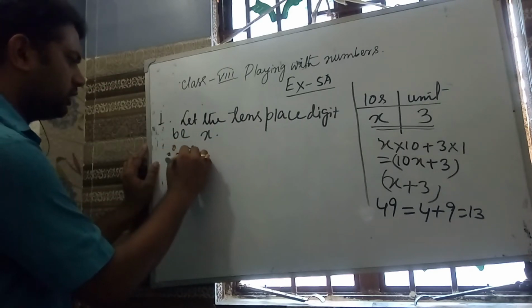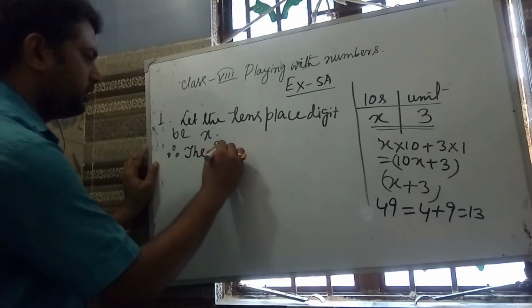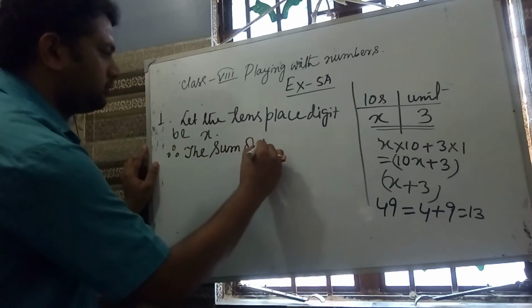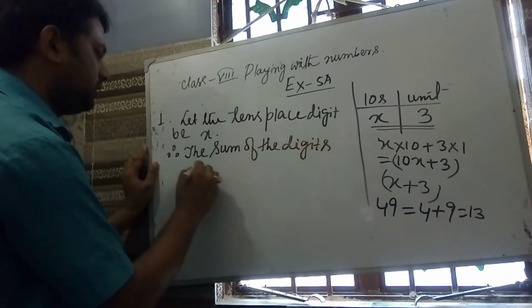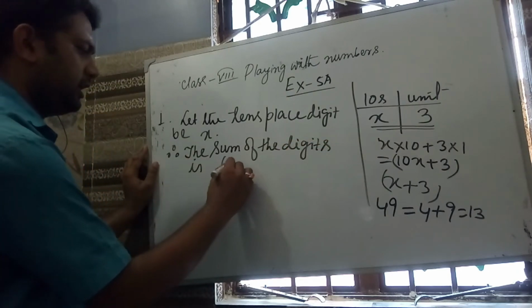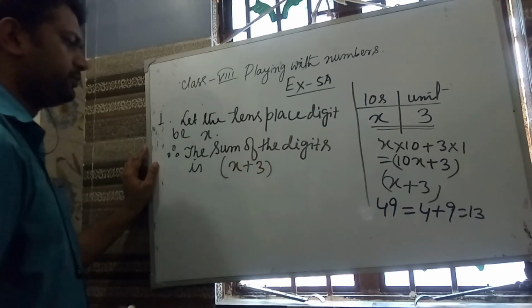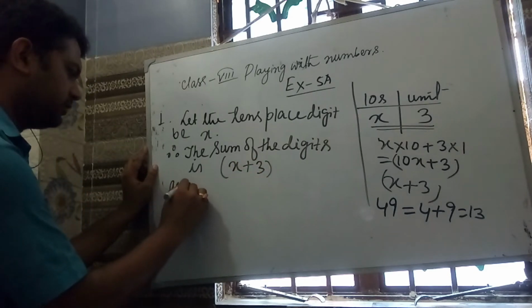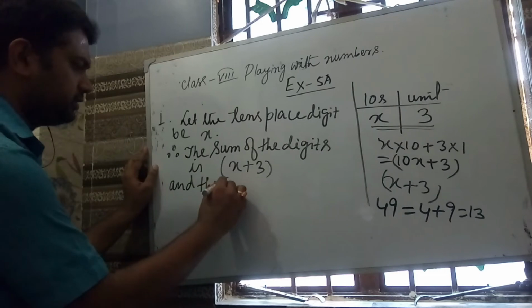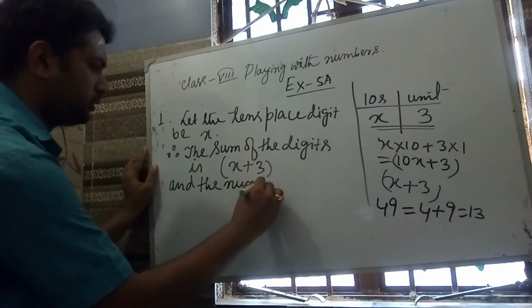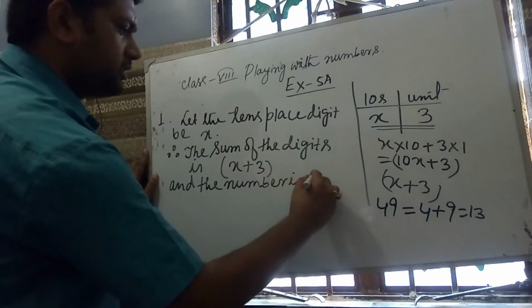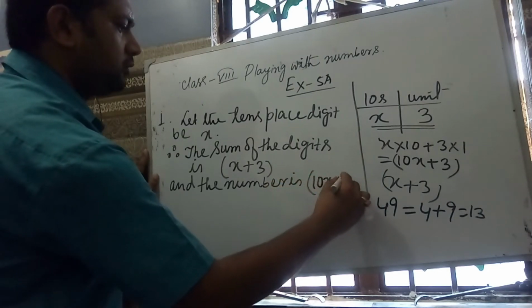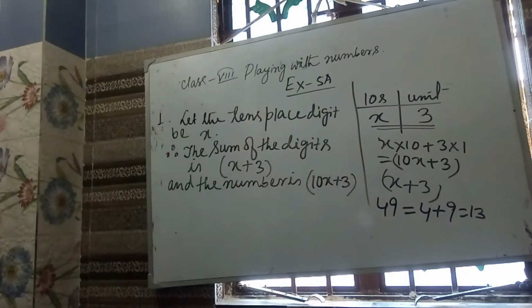Therefore, the sum of the digits is x plus 3 and the number is 10x plus 3. Okay.